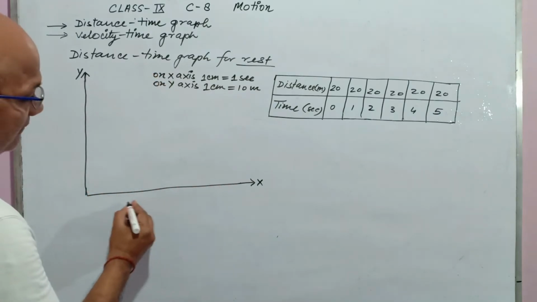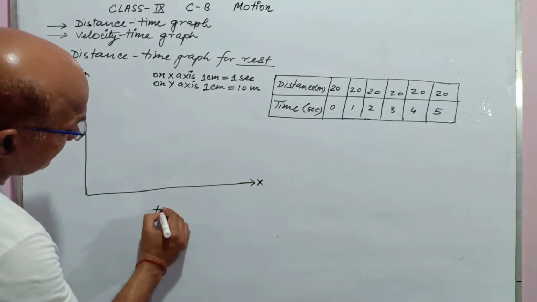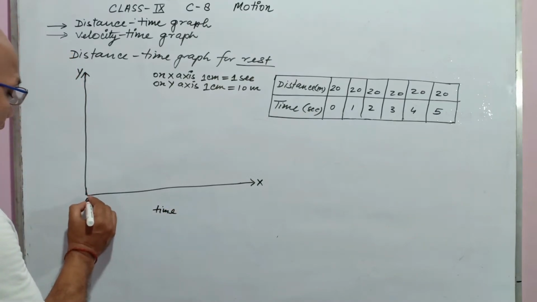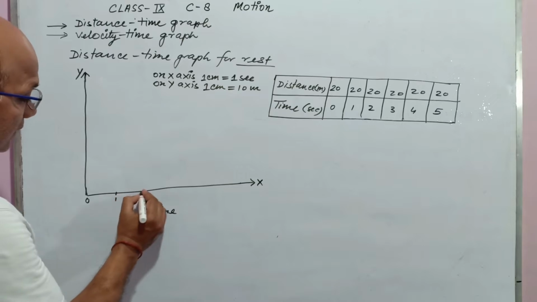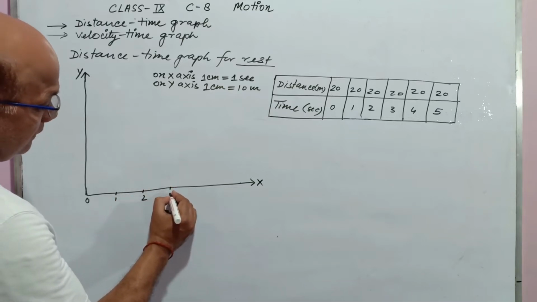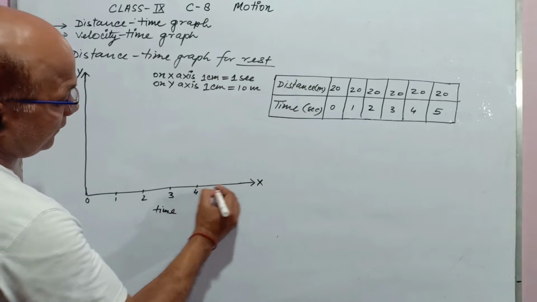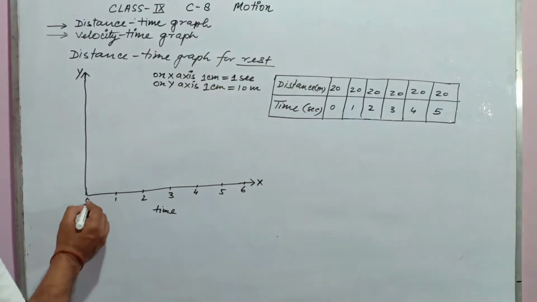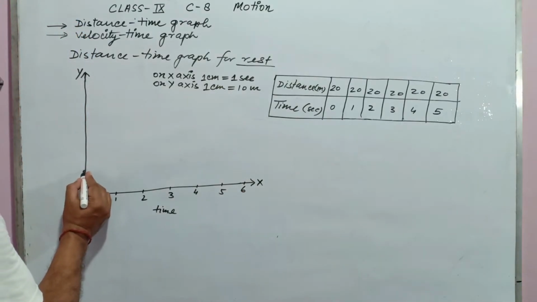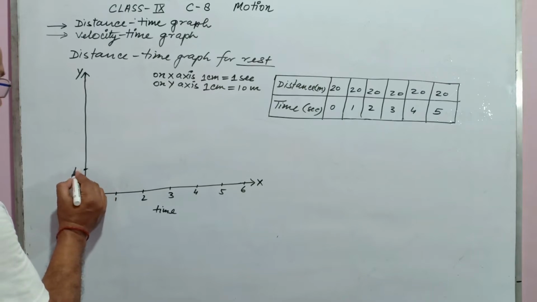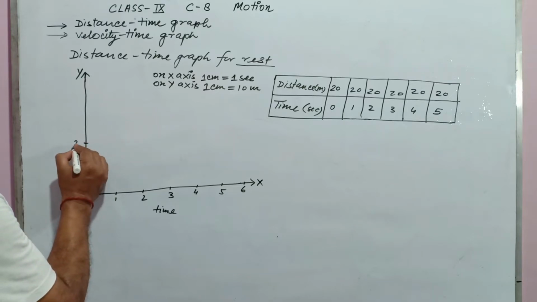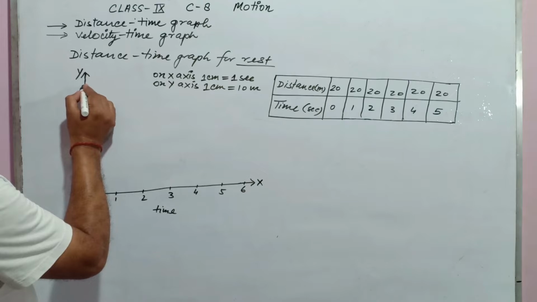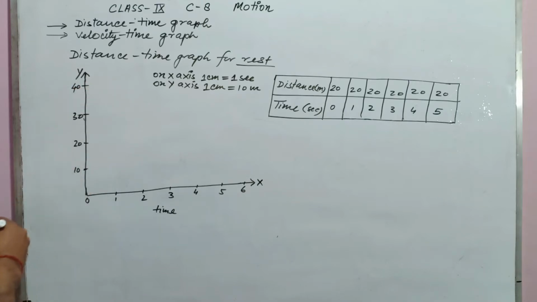So by using this scale we take time on the x-axis, time in second, 0, 1, 2, 3, 4, 5, 6 and so on, and on the y-axis 10, 20, 30, 40 and so on.